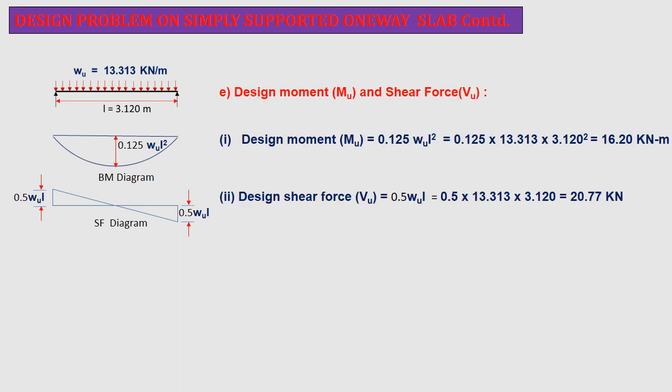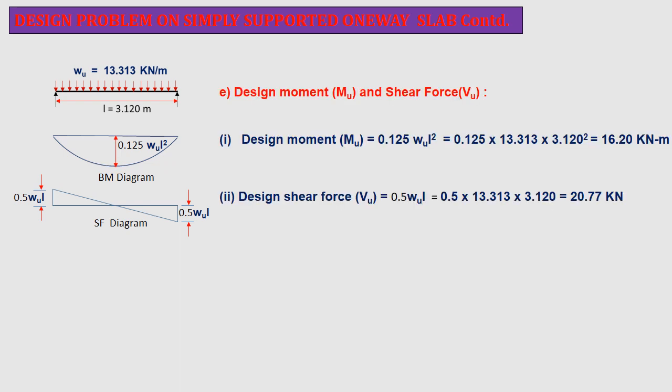As we know, this is the bending moment diagram of a simply supported slab or simply supported beam. Now the maximum bending moment will be equal to Wu L square by 8 at the midspan, and this is the shear force diagram, of which the maximum shear force will be at the support, and which is equal to Wu L by 2.